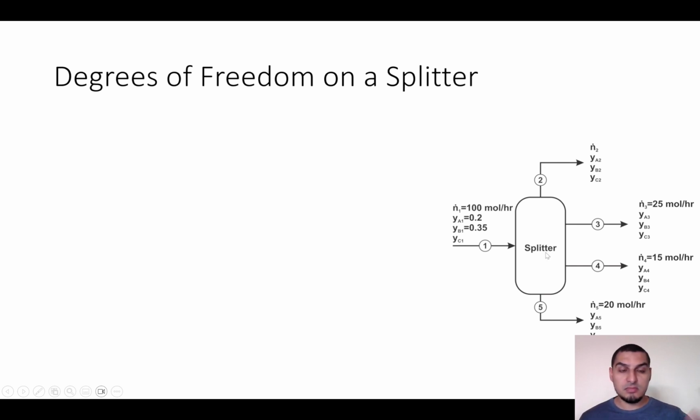So you have 4 different streams coming from the splitter. One of them, we don't know the flow rate of the first, but we know the flow rate of the second is 25, the third is 15, the fourth is 20 moles per hour. And we want to perform the degrees of freedom analysis on the splitter.